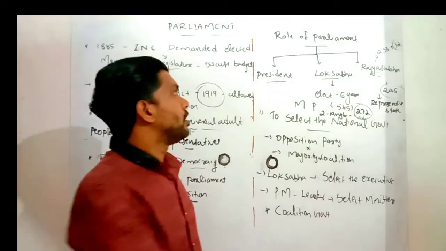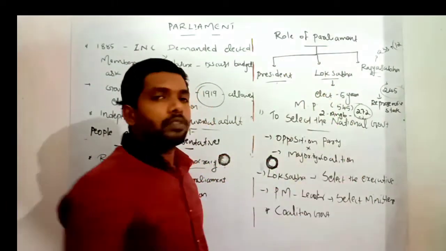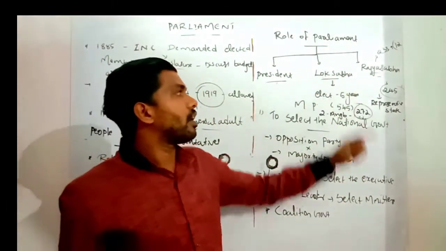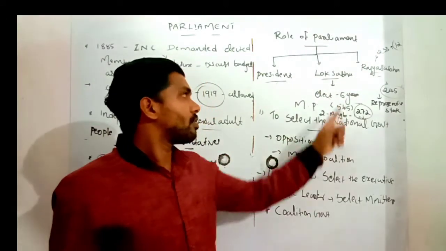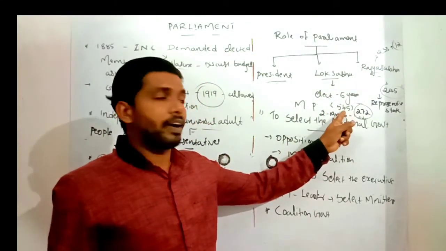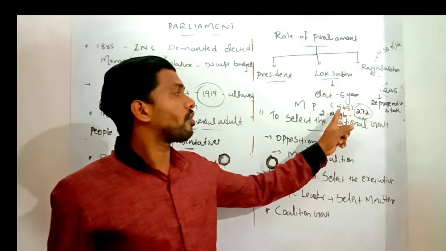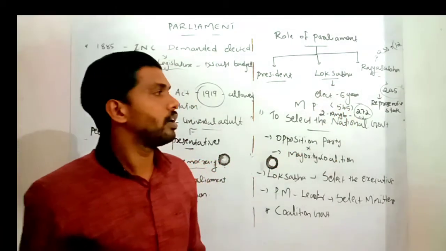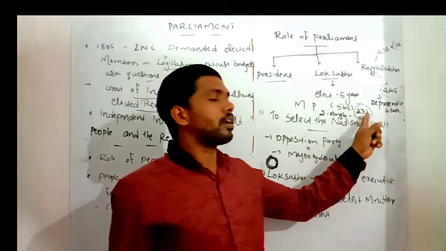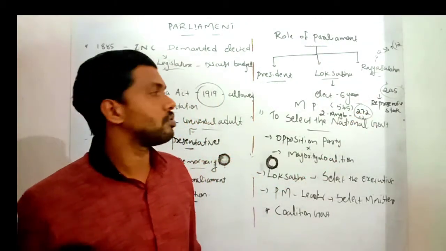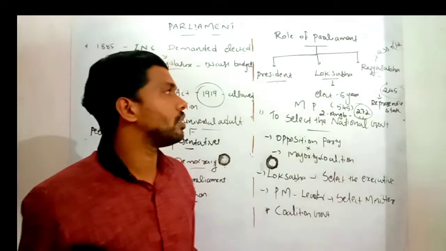So once again, parliament comprises 3 organs: President, Lok Sabha and Rajya Sabha. Lok Sabha's total seats are 545, 543 elected seats and 2 reserved for Anglo-Indians. And whichever party gets 272 seats in that election can form the government in India.